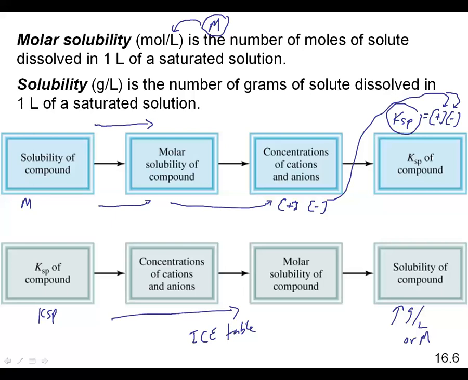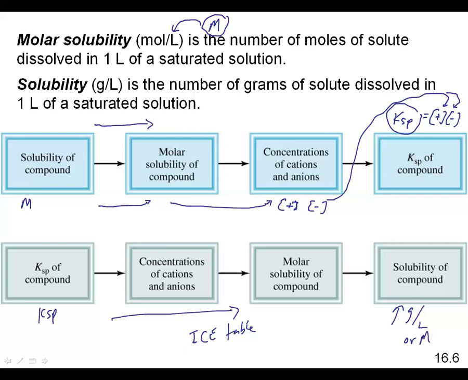So the calculation here is slightly similar to a traditional ICE table like we've done a number of times with equilibrium problems and acid-base problems. There are just a few slightly different things that we typically do here that we don't necessarily do in other ones, but it's very similar.